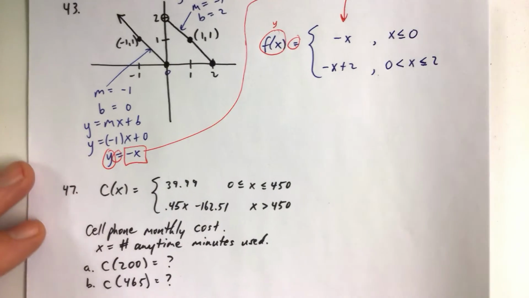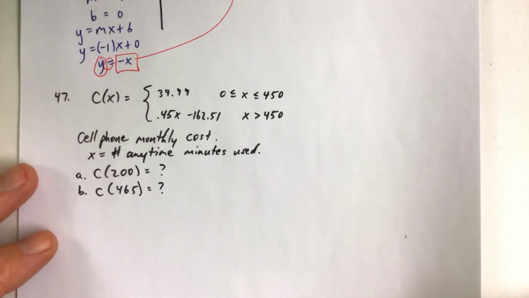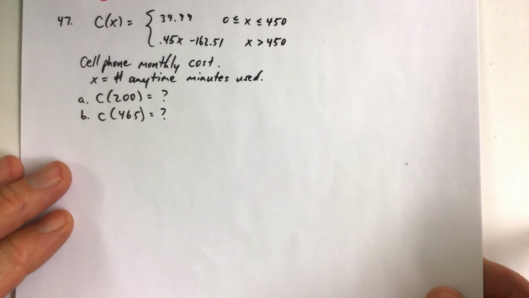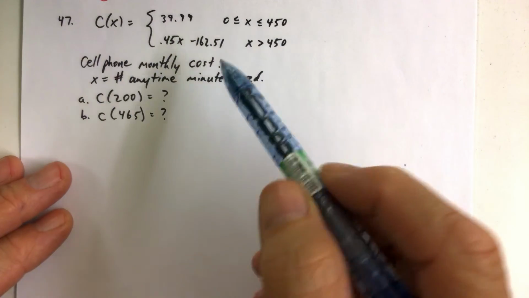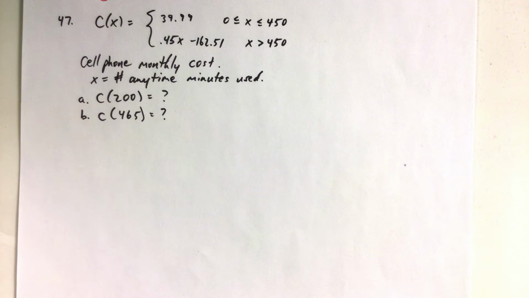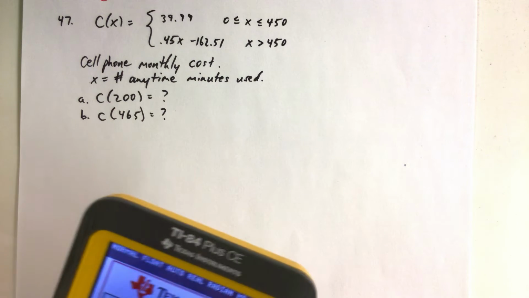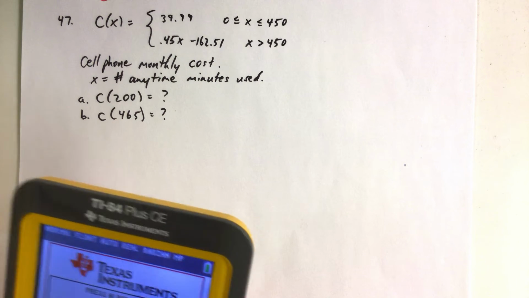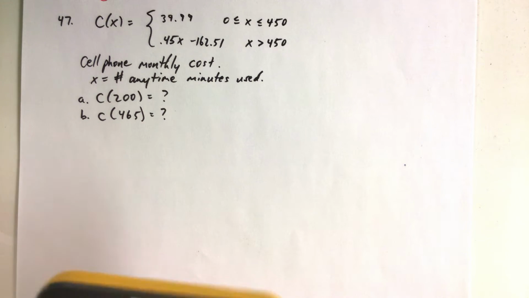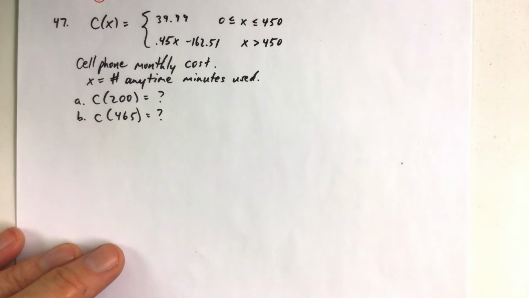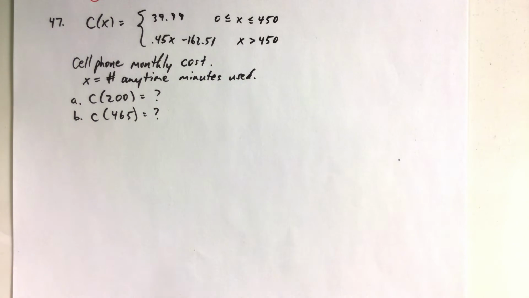Okay, and then finally, problem 47. We have a cost function that is a piecewise function modeling a real-life situation. A cell phone monthly cost, and I'm kind of chuckling to myself, thinking we don't have these kinds of piecewise functions anymore for cell phones anyway, because you get anytime minutes.